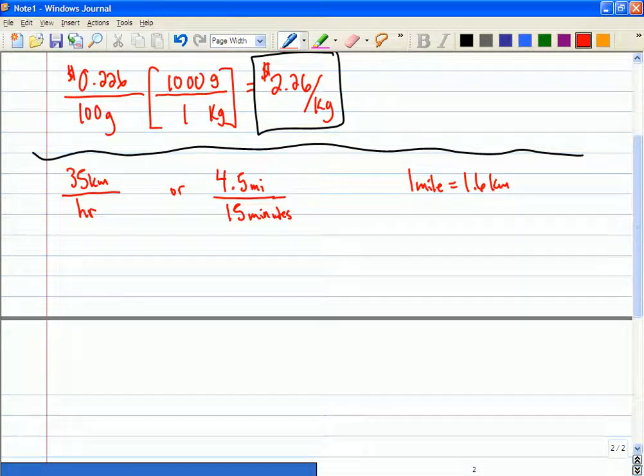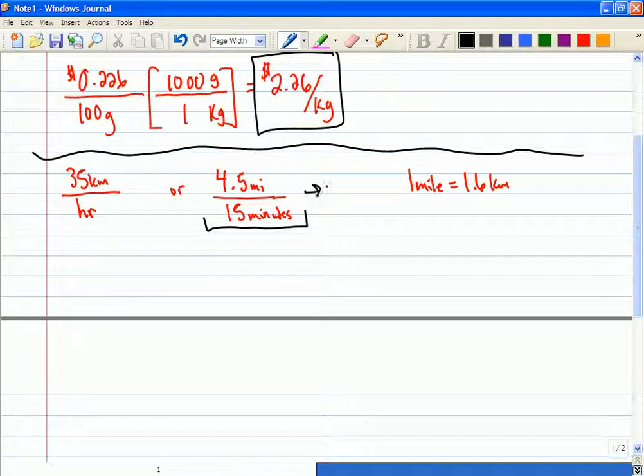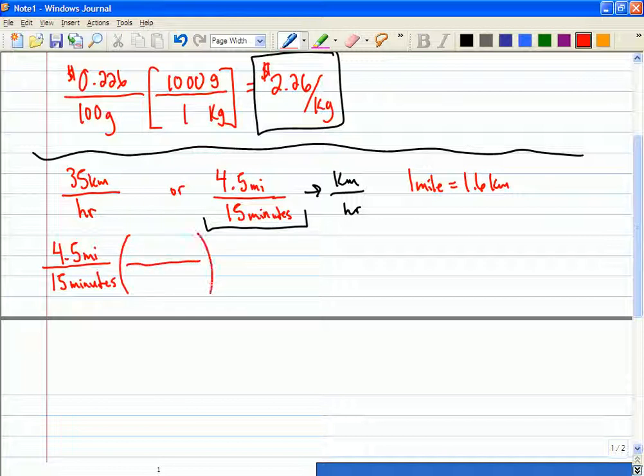So I'm going to choose to convert this one, and I'm going to make the units go to kilometers per hour. What I start with is 4.5 miles in 15 minutes. And I'll make my conversion here. I'm not going to get there in one shot because I have a few things to do, but we can do them one at a time.